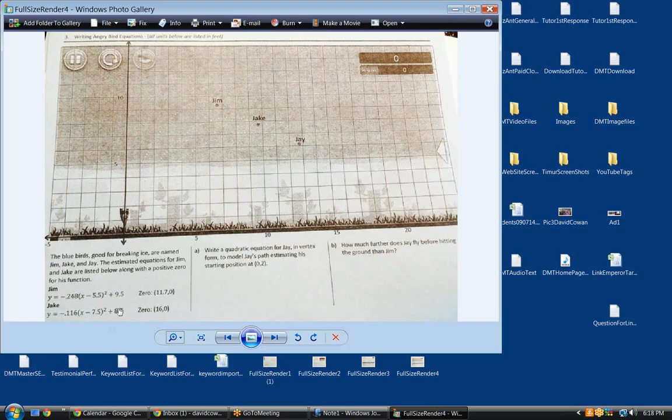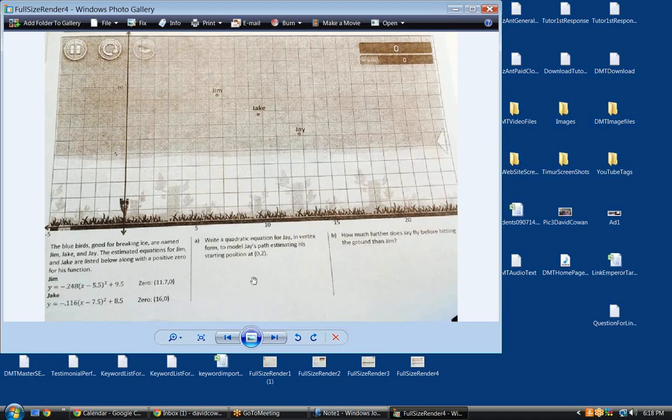No, I think that's what we have to find. Because it says find it in vertex form. What's the relationship between these three things? Why are they all being graphed on the same axis? I don't know.